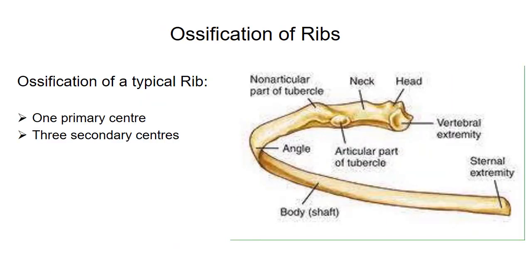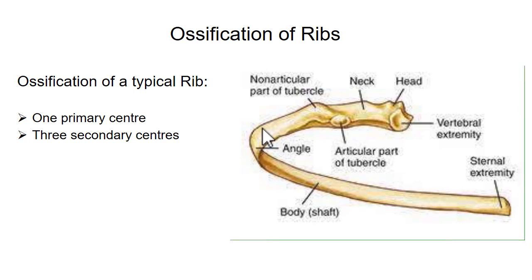Now let's talk about the ossification of ribs. A typical rib ossifies from one primary center and three secondary centers. This is an image showing a typical rib. One primary center for the shaft appears just near the angle at this point at about 8th week of intrauterine life.